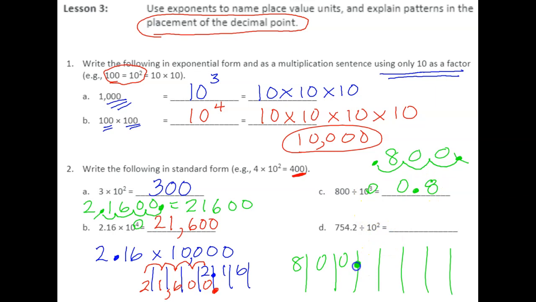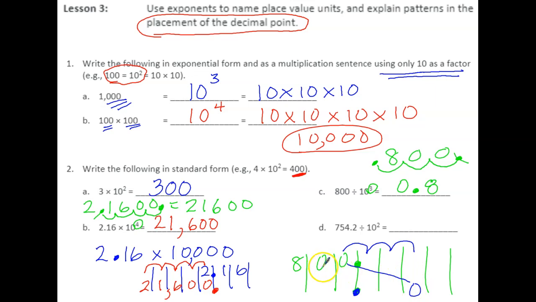So we have 800. Remember, the decimal's not going to move. What's going to happen is the digits in 800 are going to move. So this, we're dividing by 10, 100, 1,000. So this 0 is going to move to this slot, which is my thousands place.